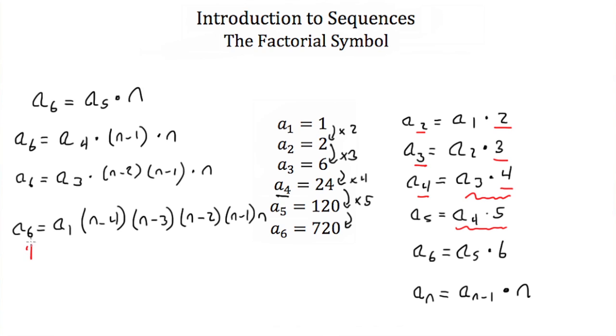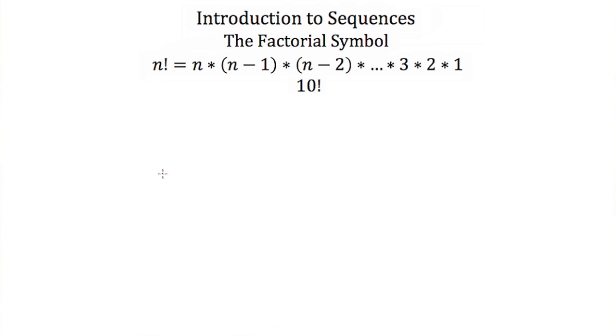But as my n value gets larger, I'm going to keep adding another term like this inside my explicit formula here. If I had the 20th term, then I would have n minus 18, n minus 17, n minus 16, all the way down. So I need something to describe this changing value in our explicit formula.